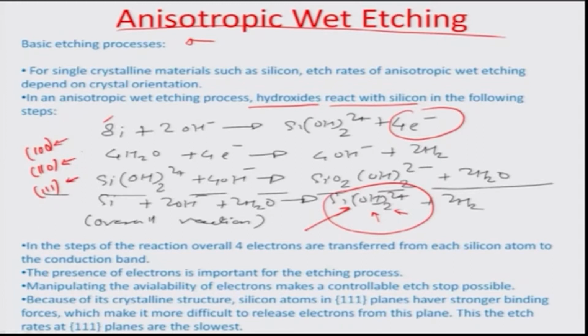Now if I look at the 100 plane, which is perpendicular to the 100 direction, let us say there is an orthogonal system, and this is the 100 direction, and the plane is perpendicular to the 100 direction. This plane would typically have a neighborhood of atoms which may be different from the one which concerns the 111 direction.